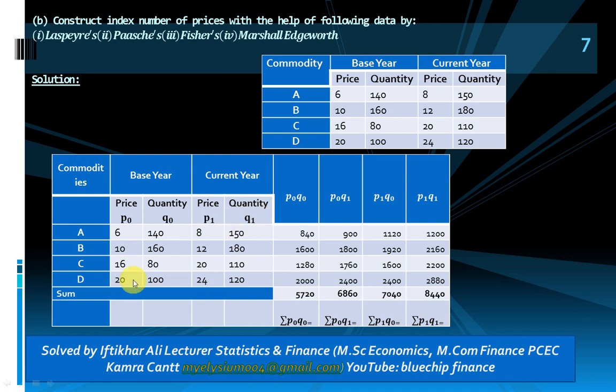After putting the values here and after the calculation, the sums of these four will be given here. Sum of P0Q0 is 5720, sum of P0Q1 is 6860, sum of P1Q0 is 7040 and sum of P1Q1 is 8440. Finally, through these four calculations, we can calculate these four weighted composite indices.